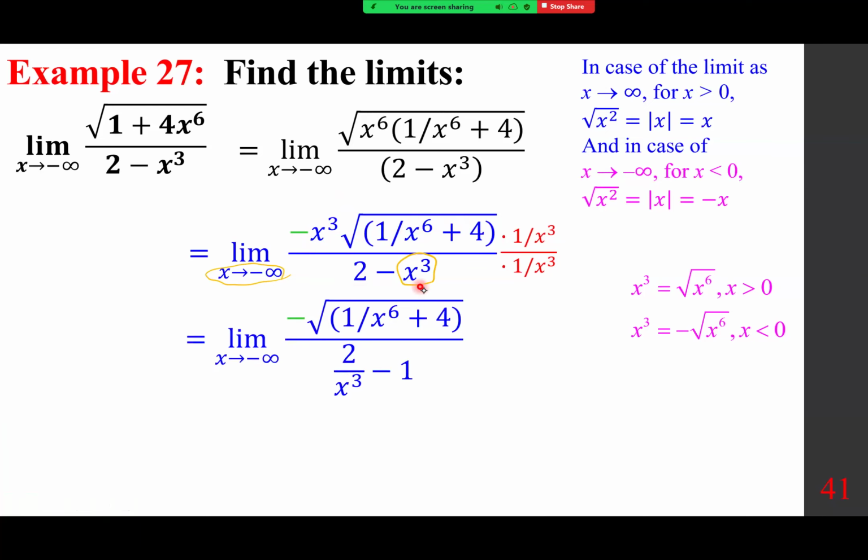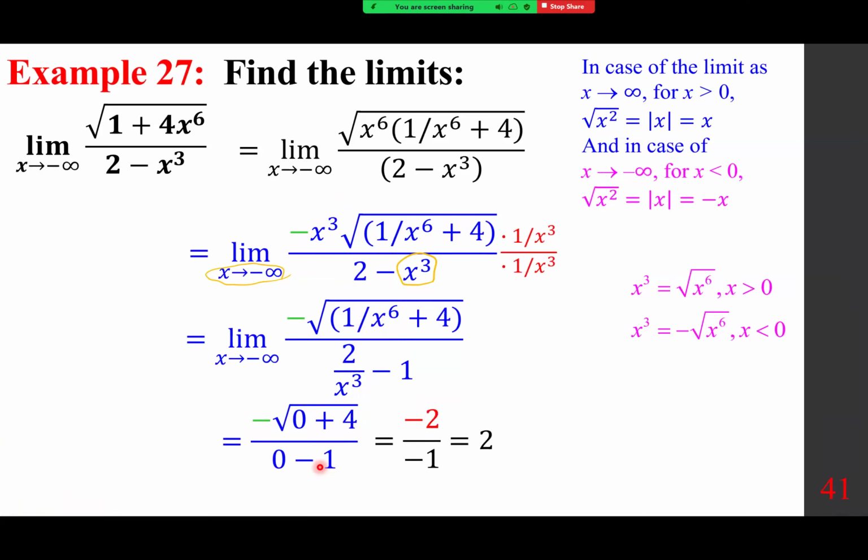And because x is approaching, doesn't matter infinity or negative infinity, this piece will go to 0. This will go to 0. And we get this. Now the square root of 4 is 2. Minus in front of it makes it -2 over -1, positive 2.